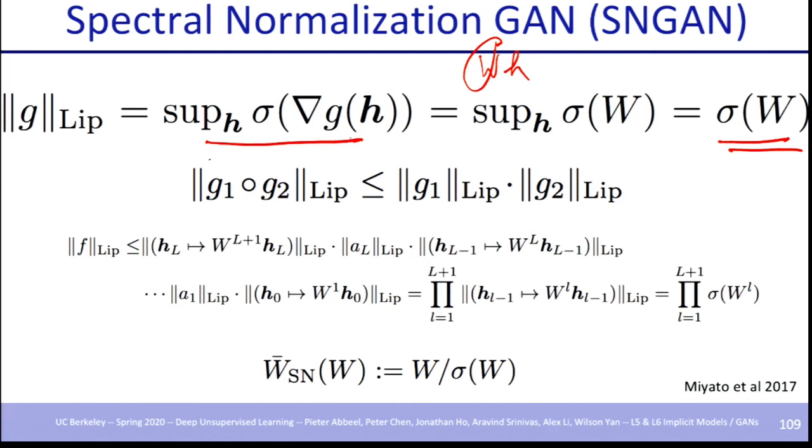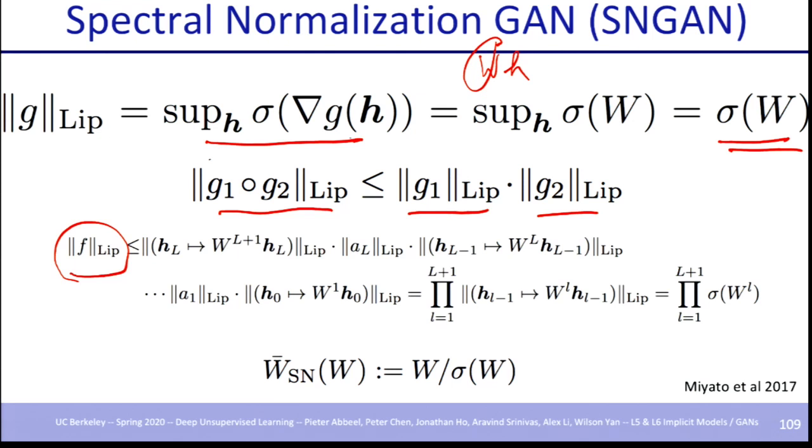And we will use another inequality from Lipschitzness, which is that if you compose two different functions, the Lipschitz constant of the composed function is going to be less than or equal to the product of the individual functions' constants. So now with all these tools, let's take the layers, do the forward passes, and figure out what the final Lipschitz constant of your discriminator output should be, because you can think of a neural net as composing functions on top.